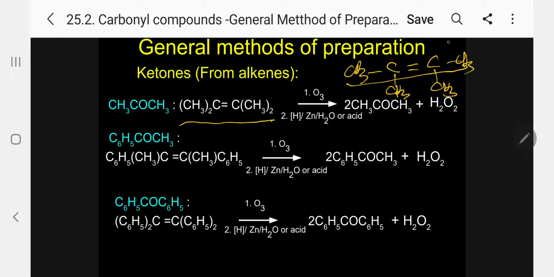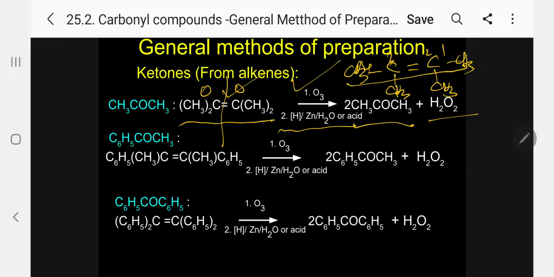The numbering is 1, 2, 3, 4, so it is 2,3-dimethylbutene. 2,3-dimethylbutene undergoes ozonization to form the ozonide, which on reduction with zinc and H2O gives 2 moles of acetone and hydrogen peroxide. Just put a line and O on both sides, and you will get CH3, C=O, CH3.